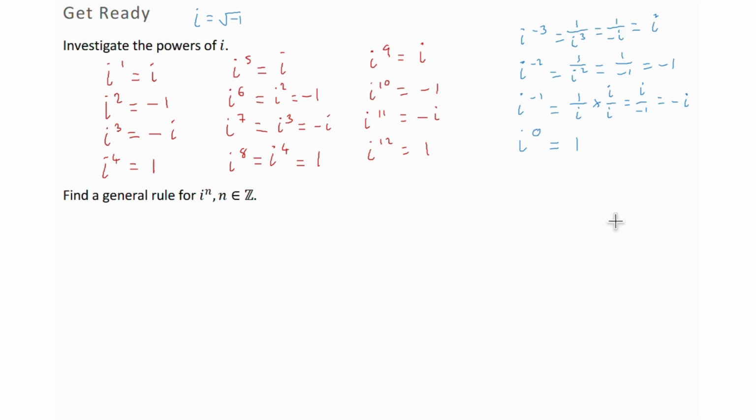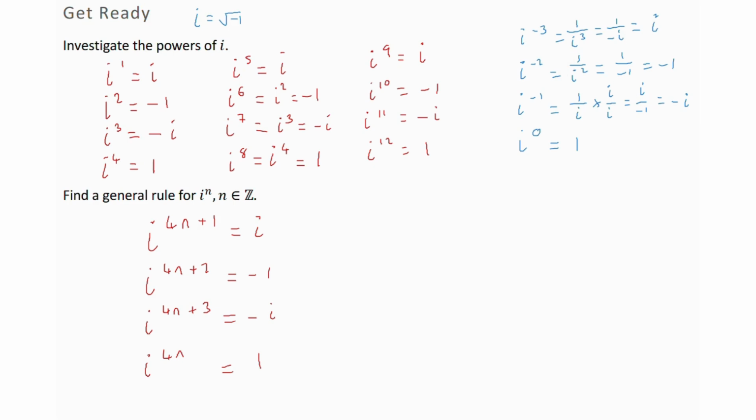So can we turn these into some general rules? Well, there's not a general rule for all of them. We have to come up with a general rule for each individual one of these 4 options. So we could have something like i to the 4n plus 1 is equal to i, i to the 4n plus 2 is equal to minus 1, i to the 4n plus 3 is equal to minus i, and i to the 4n plus 4, or just 4n, is equal to 1.